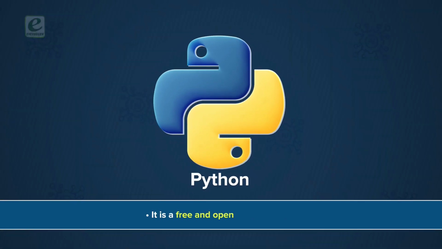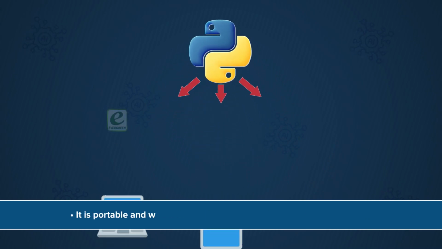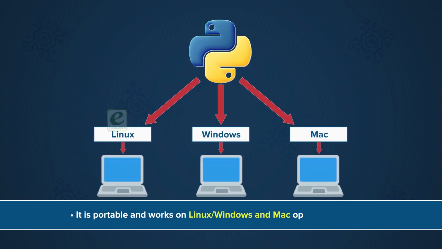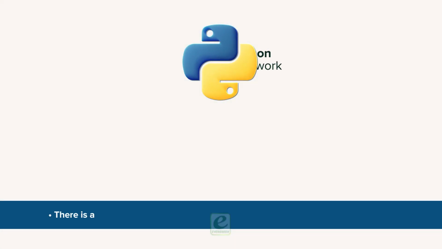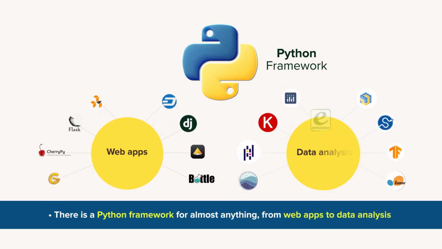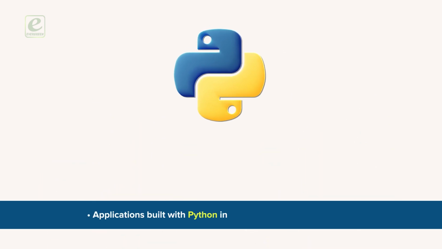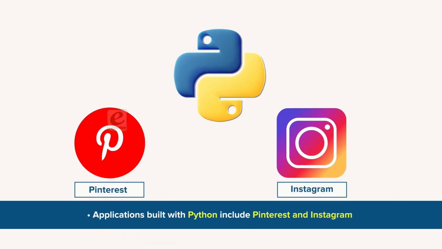It is a free and open source language. It is portable and works on Linux, Windows and Mac operating systems. There is a Python framework for almost anything, from web apps to data analysis. Applications built with Python include Pinterest and Instagram.